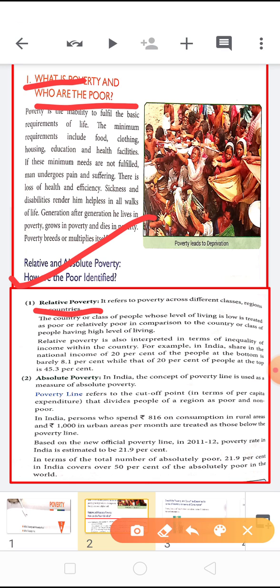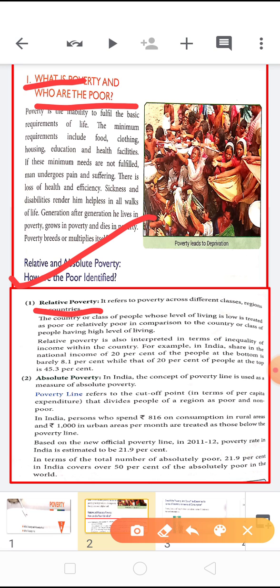I mean, the contribution to the country's national income of the least earning income holders is only 8.1%, while that of the top 20% is 45.3%.